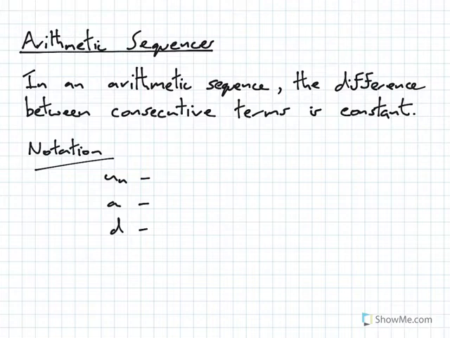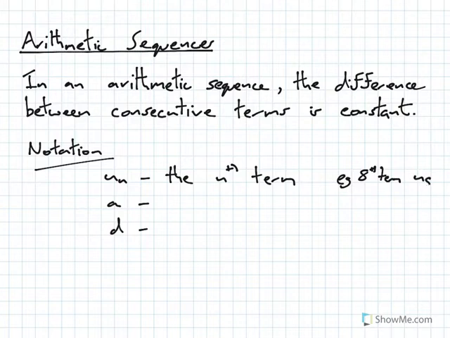So U n, this is the first bit here, is the nth term of a sequence. So for instance, if I wanted to know the 8th term, then I would write that as U8.